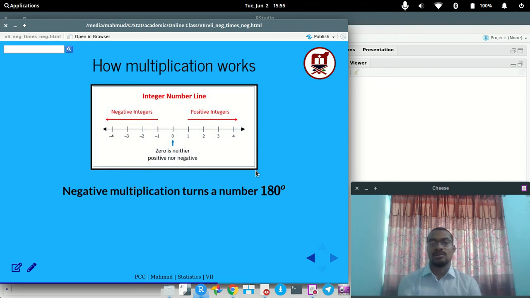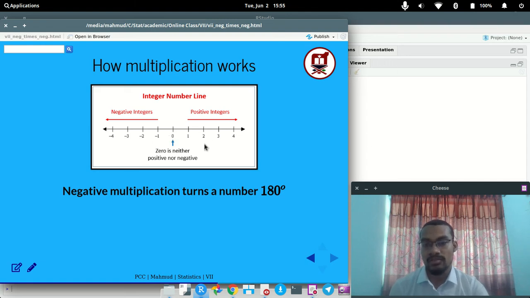Now let's see how multiplication works. Actually, when we multiply by a positive number, it stretches the number line. If you look at this figure, this is a number line where positive numbers are to the right of 0 and negative numbers are to the left of 0.